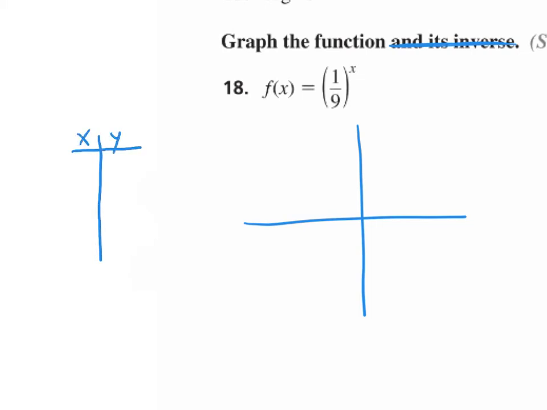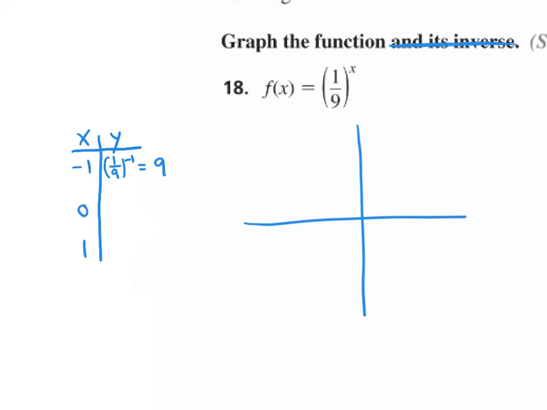So what are 3 numbers we can plug in here for x? Negative 1, 0, and 1. Perfect. So we have 1 over 9 to the power of negative 1. What happens when we have a negative exponent? We just flip it. So it's 9 over 1, which is just 9.